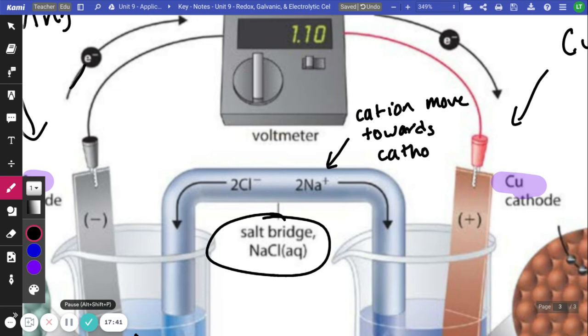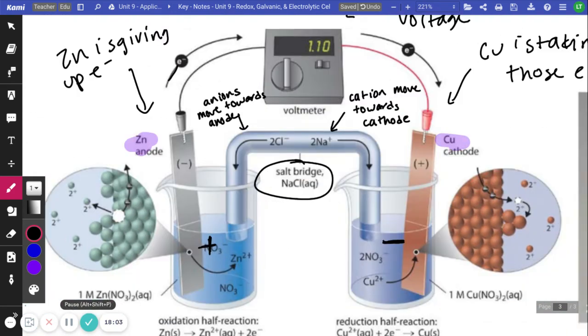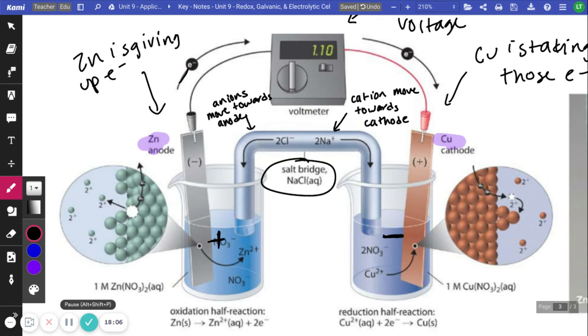And our anions are going to move towards the anode, or where oxidation is taking place, where we have that big buildup of positive charge. So cations move towards the cathode, anions move towards the anode, and it's just there to balance out those charges that we're getting in reduction and oxidation.